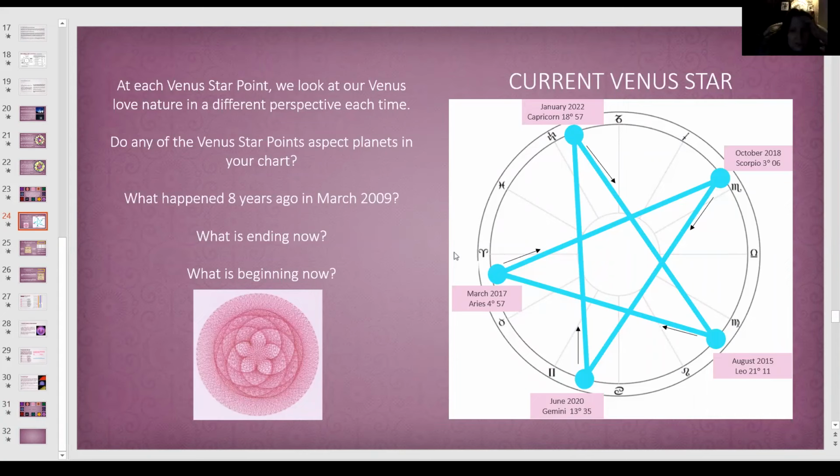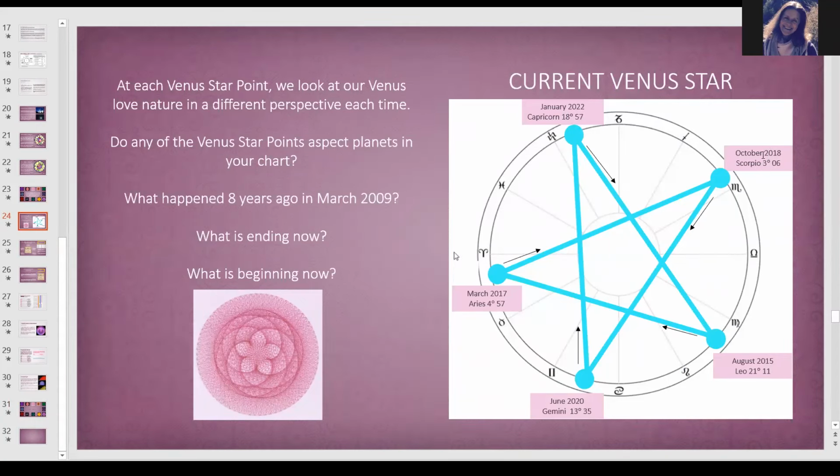Right, that's really interesting. For a very long time, almost about 90 years, you've had the sign of Scorpio impacted in this Venus star. It's been operating for a very long time, so it's affecting some really important planets in your chart.